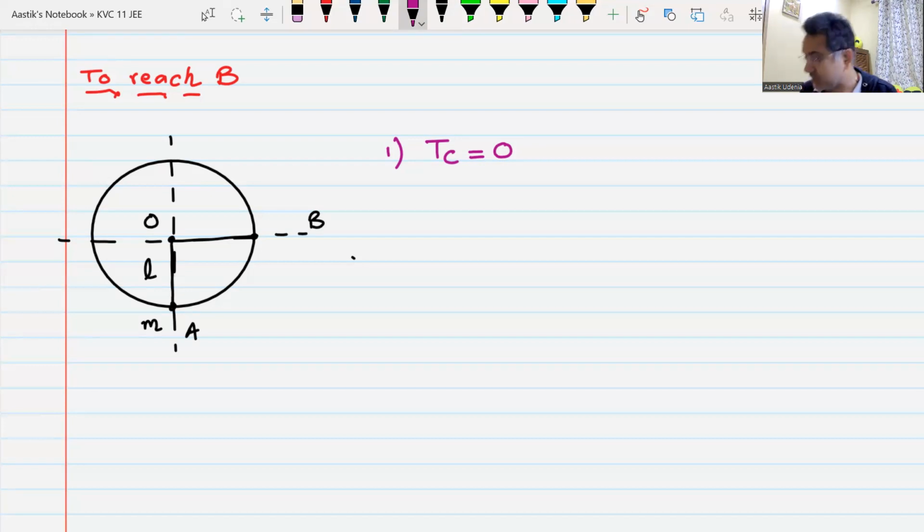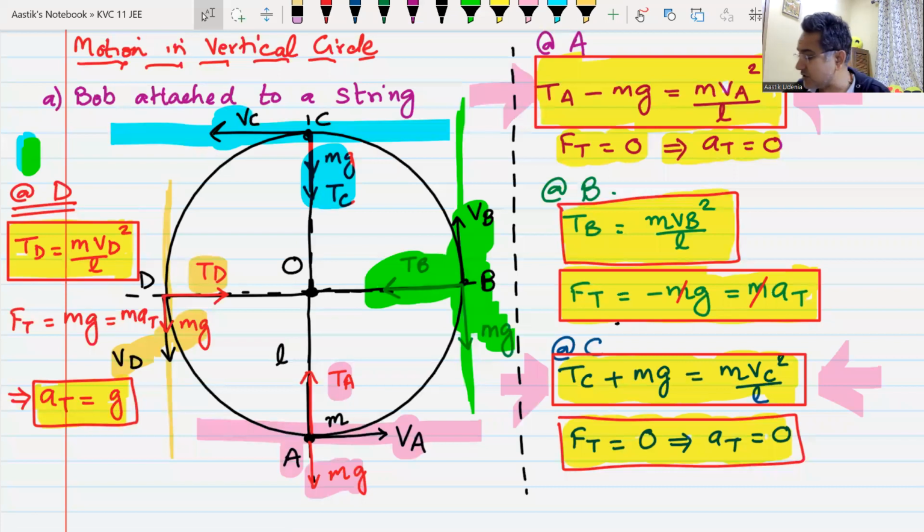Velocity. Yes, the velocity automatically becomes 0, because if you look at the equation which we had done in the previous class, look at this equation which I am going to mark in green.